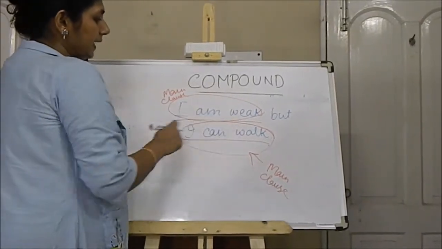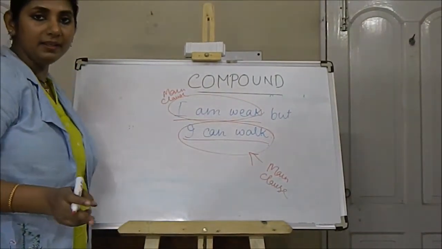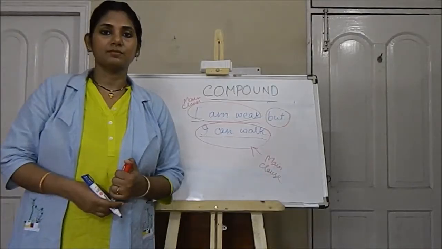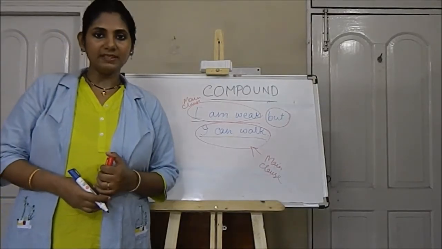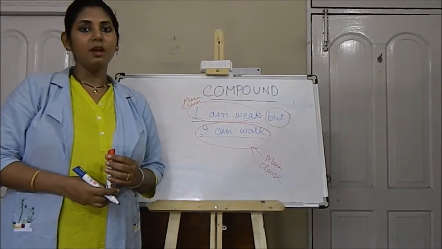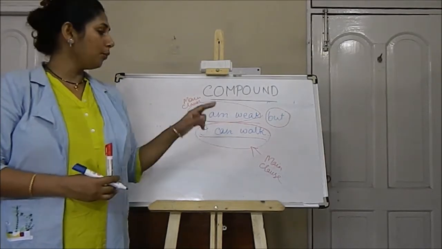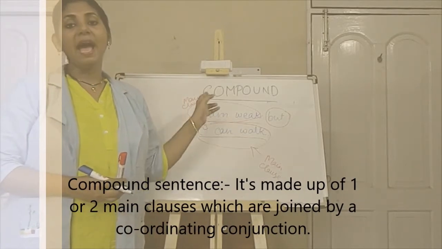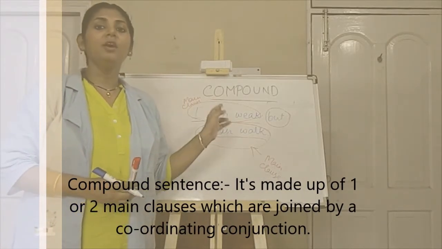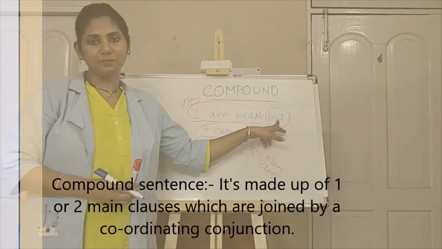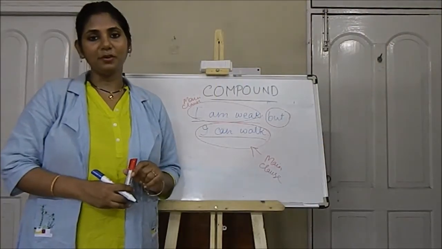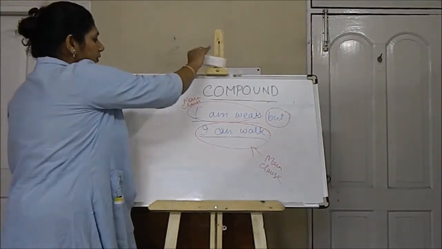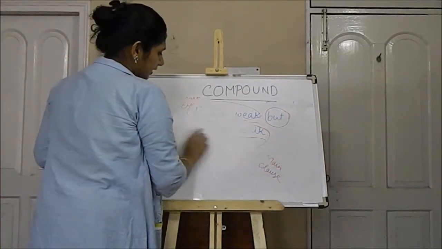And both of these main clauses are joined by the coordinating conjunction "but." A compound sentence is a sentence which is made up of one or two principal or main clauses and are joined by coordinating conjunction. That sentence is called a compound sentence. So, compound sentence is done.